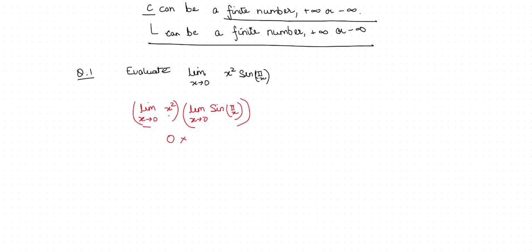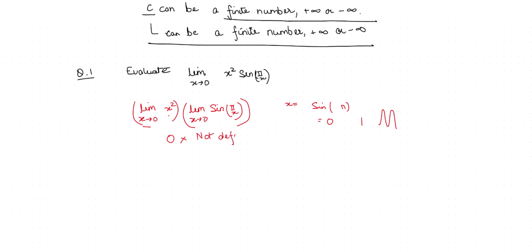And when x gives the value where we end up having sine at even multiples of pi, then it will have value 0. But if it has the odd multiples of pi, it will have 1. So basically, it will fluctuate between 0 and 1. So the limit will not be constant, it will actually fluctuate. So this limit is not defined. Therefore, we cannot get the value by this method.